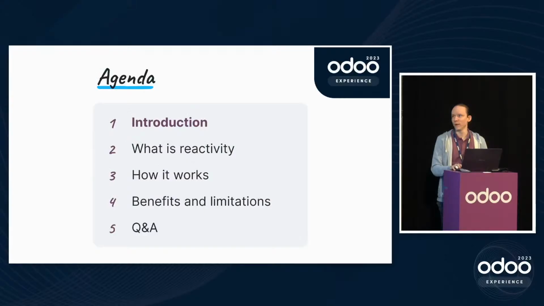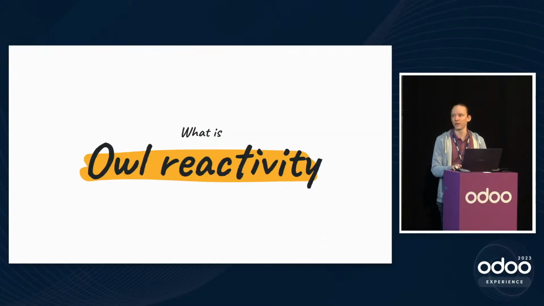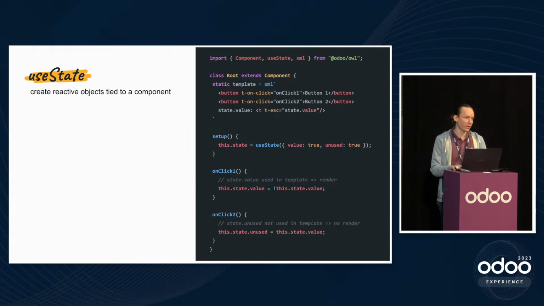So maybe before we start, I think it's a good idea to have a quick overview of what reactivity in OWL2 consists of. So this is a pretty simple example of an OWL component, and it uses this magic function that we call a hook in OWL called useState, and useState creates reactive objects that are tied to a specific component.